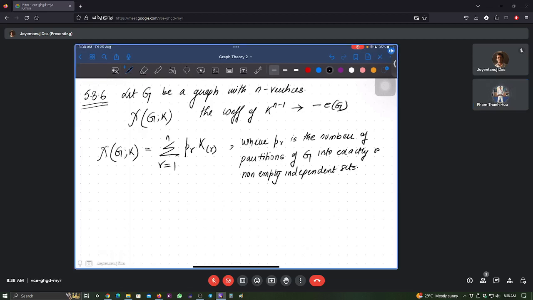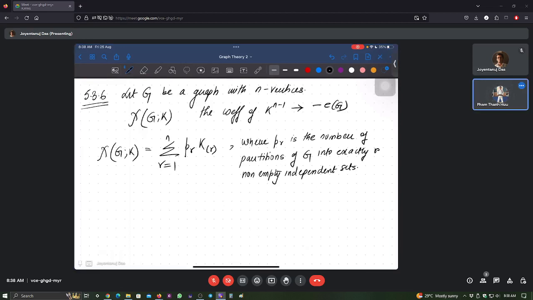So each part of the partition is independent, so they should not have an edge between them, and the number of parts should be exactly r. So exactly r parts, and each set has to be non-empty, right? Independent sets mean they don't have adjacency between them. Yes, in between the sets.